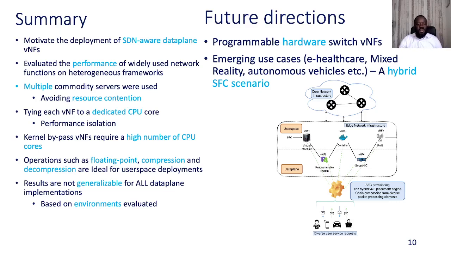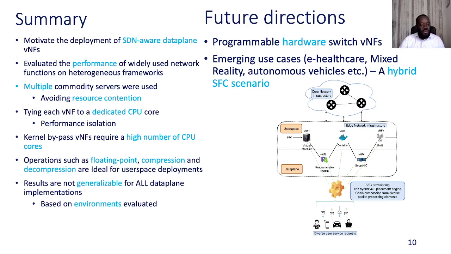So to summarize the work we've presented in this paper, we started by motivating the deployment of SDN-aware data plane VNFs. We did this by presenting what has been done so far and the status quo in terms of implementing virtual network functions, and motivating the need for considering the data plane as a suitable option for deploying virtual network functions.